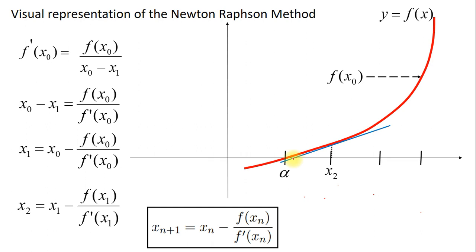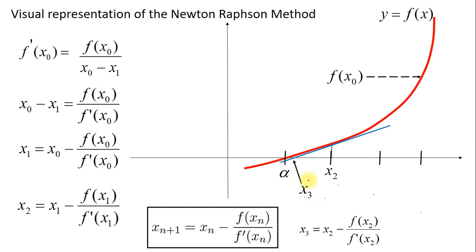It is very much closer to the root. Let's call it x3. So we use this formula. By substituting x2 into this formula, you will get x3, which is an even closer approximation.